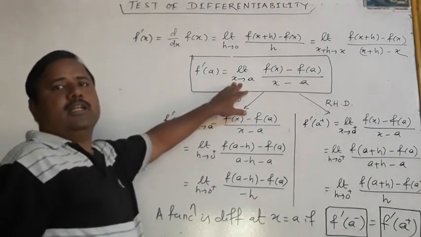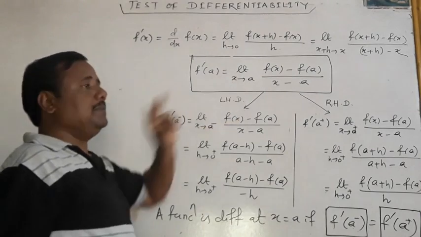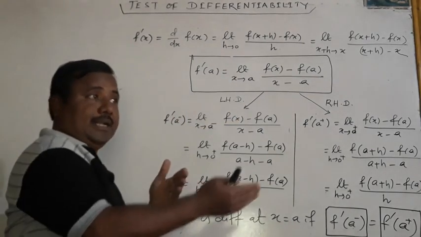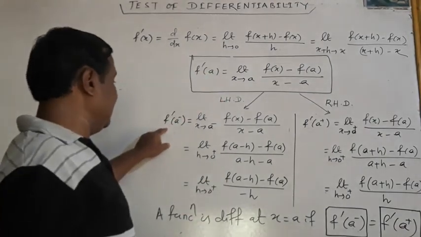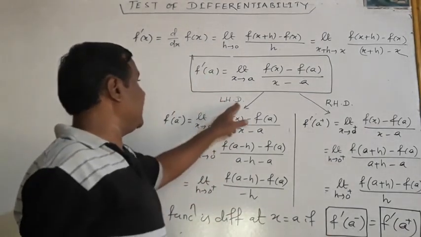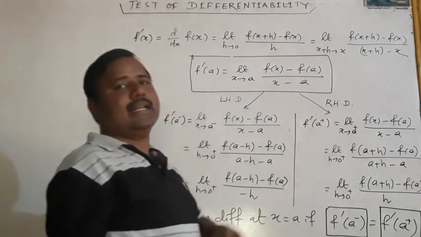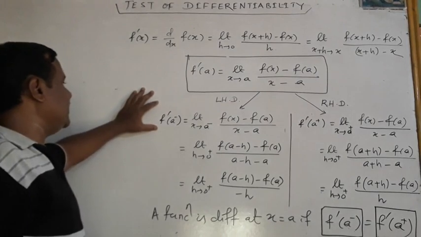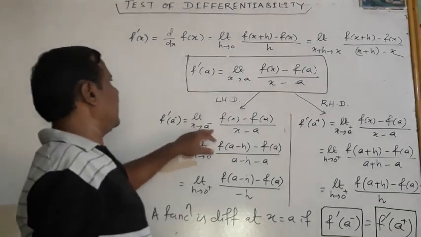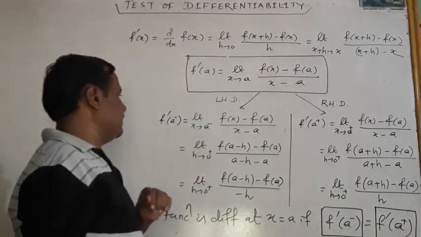As you know, limit x tends to a is divided into left hand limit and right hand limit, but as it is a derivative, it is called left hand derivative and right hand derivative. Left hand derivative, f dash a minus, is limit x tends to a minus of f(x) minus f(a) by x minus a.